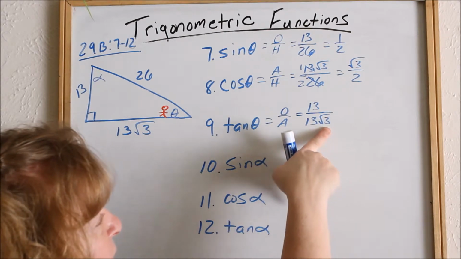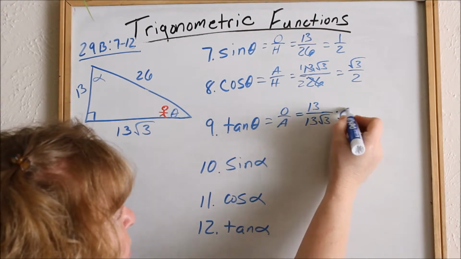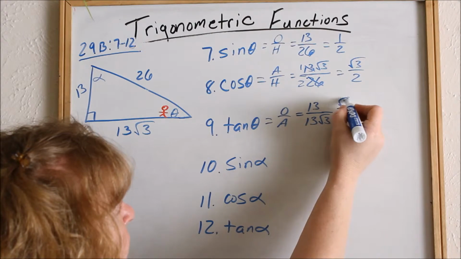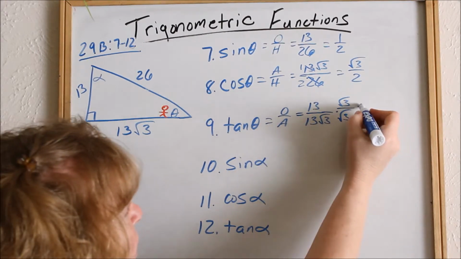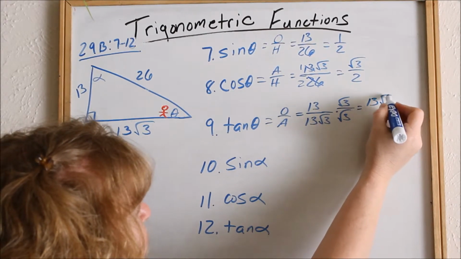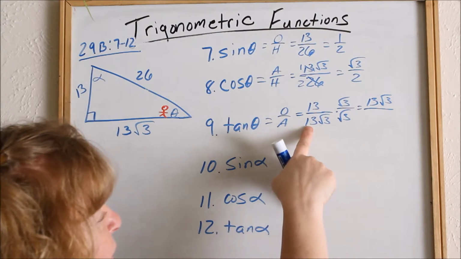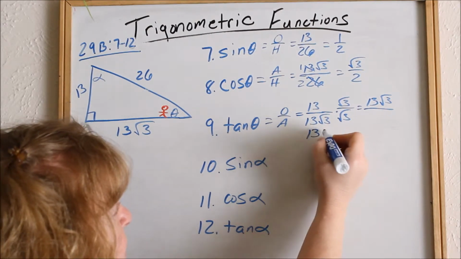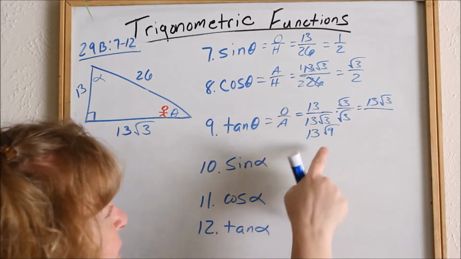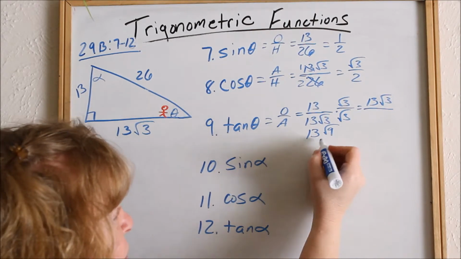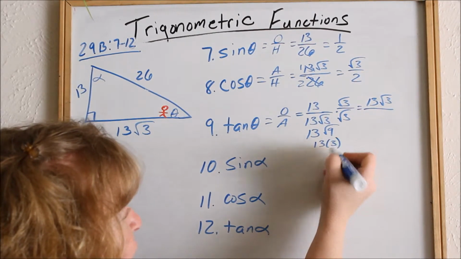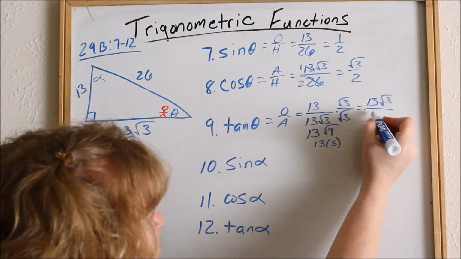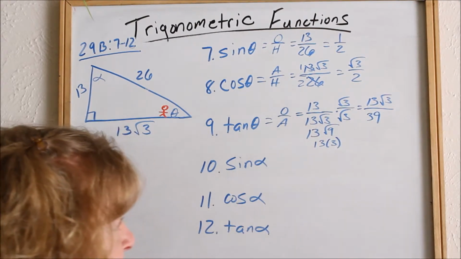To get rid of that radical in the denominator, you multiply by square root of 3. So the numerator becomes 13 square root of 3 over 13 times the square root of 9. Square root of 9 is just 3, so that's 13 times 3, which is 39.